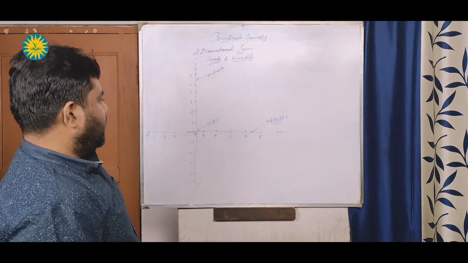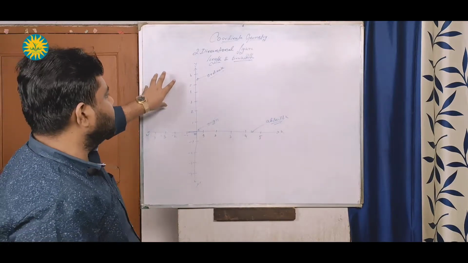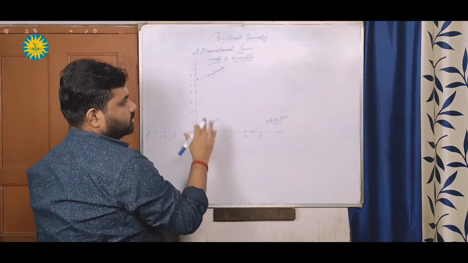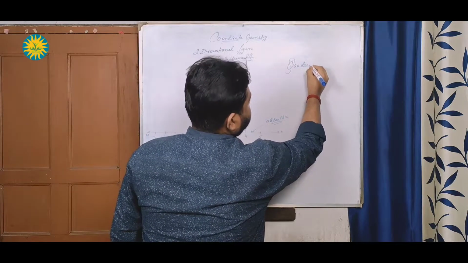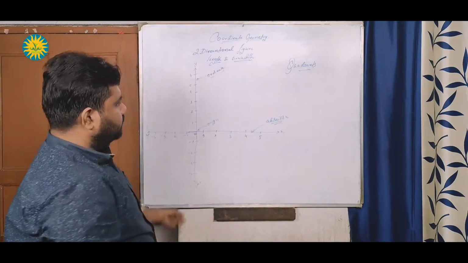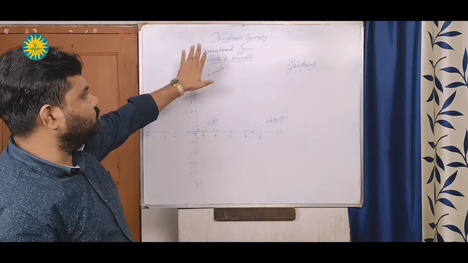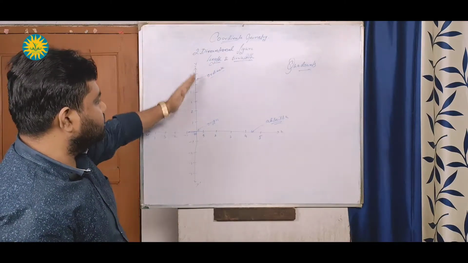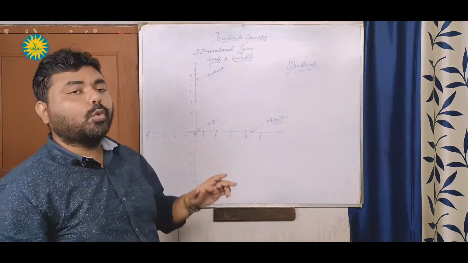Now, why are these known as quadrants? The plane, the two-dimensional board, is divided into 4 equal parts, that is 4 quarters.